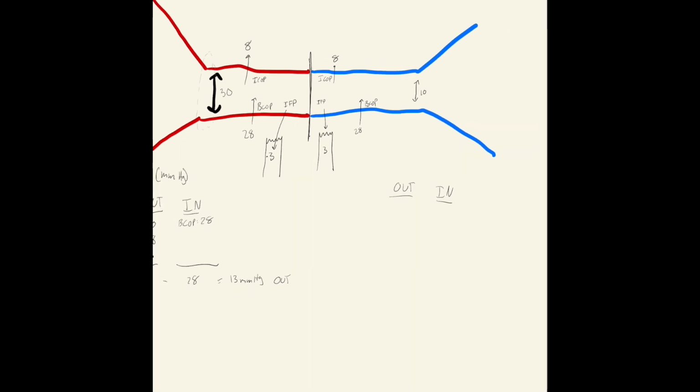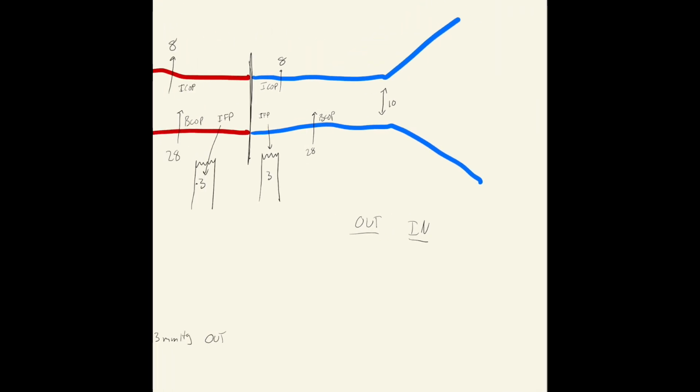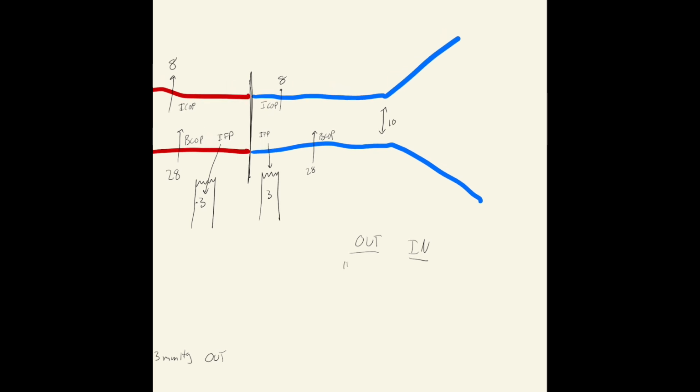And then if we switch over to this venous side, we find that everything is the same for ICOP, for IFP, and for BCOP, but the hydrostatic pressure in a vein is much lower at 10.